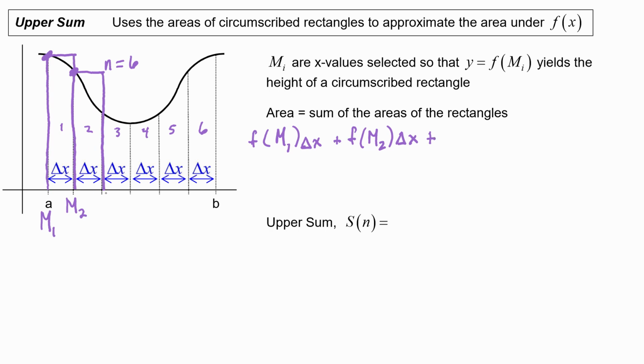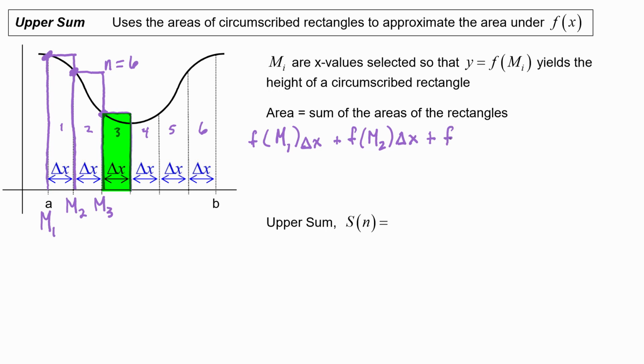Now to get the circumscribed rectangle in region 3, we have to pick this x value for M3, so that y equals f of M3 is the circumscribed rectangle.